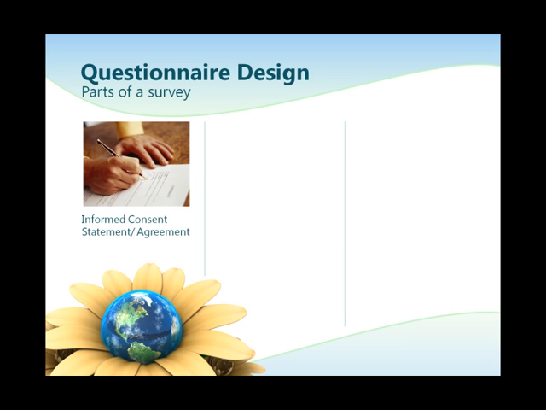Fourth, you absolutely have to include any risks, costs, or rewards. Fifth, you need to explain how the results will be used, and for a lot of folks, very importantly, whether their name can ever be attached to the survey after they complete it.